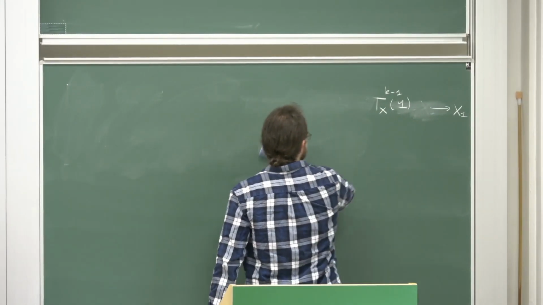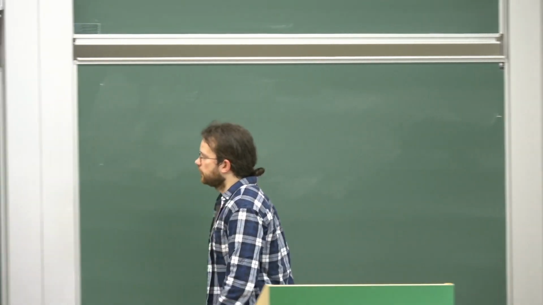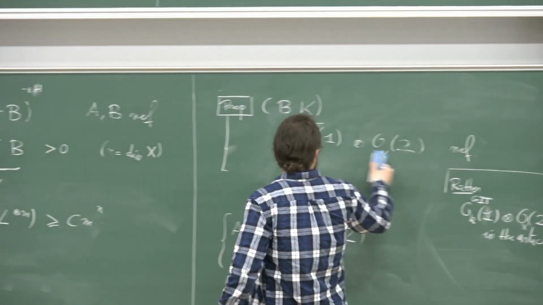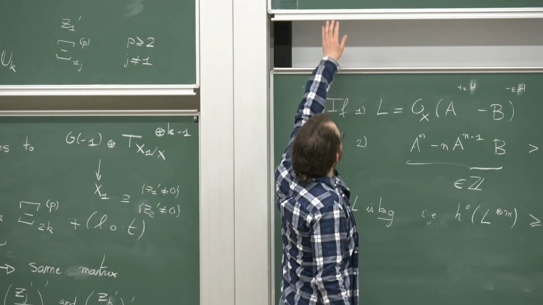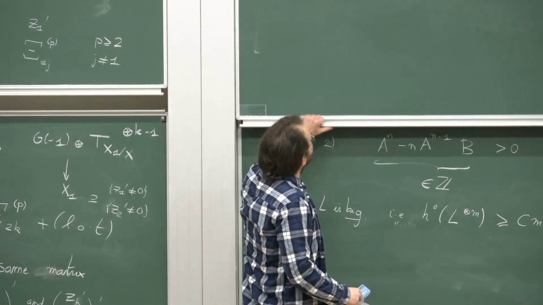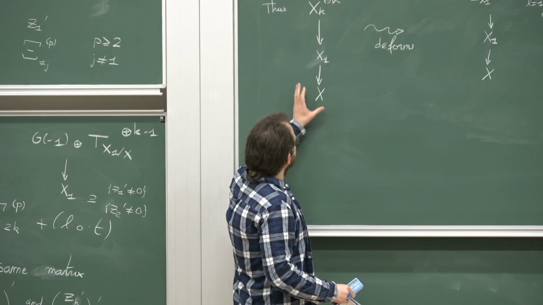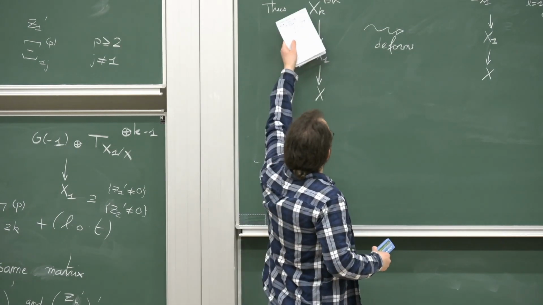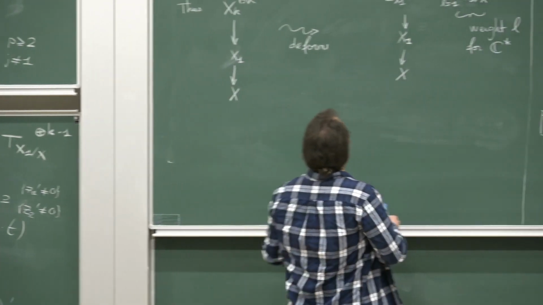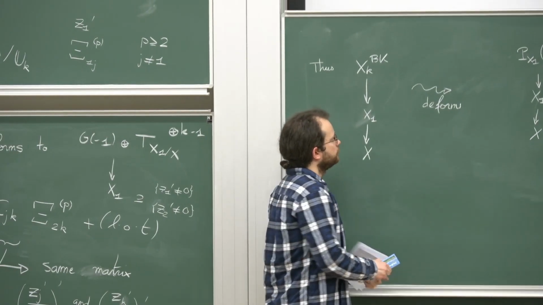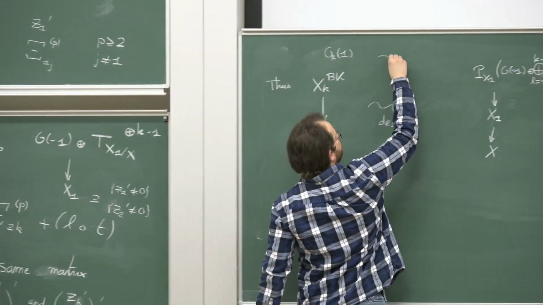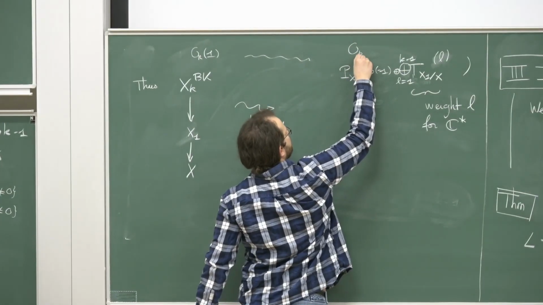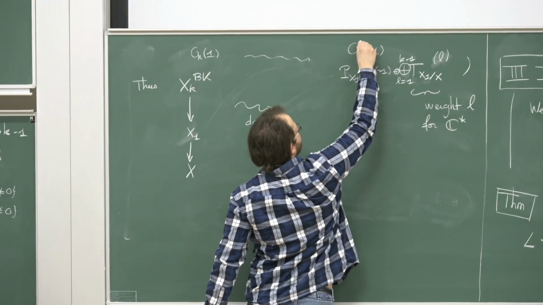So maybe let me say this orally. If you want to prove that such a line bundle is Nef, you can also do it if you have such a deformation over there. Because here, once you have a deformation like that, the tautological line bundle, O_{X_k}(1), also deforms to its counterpart here.